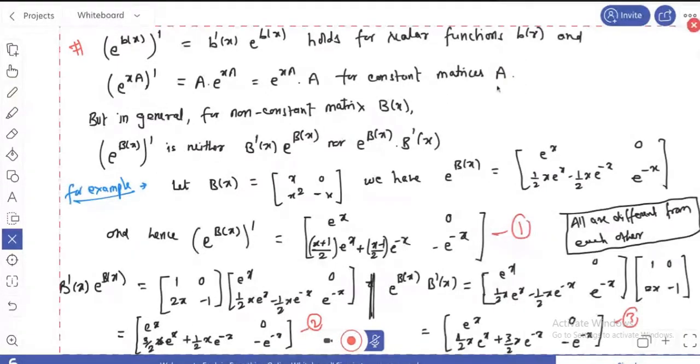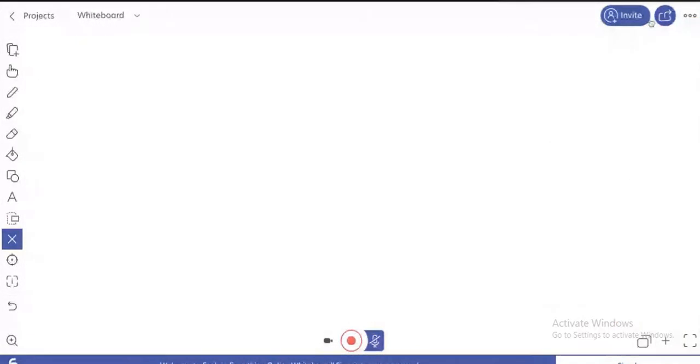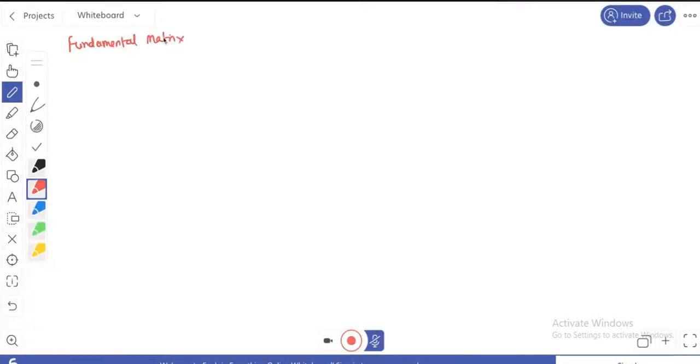So in the next page, this is the part of fundamental matrix, so that's why we give the title fundamental matrix.